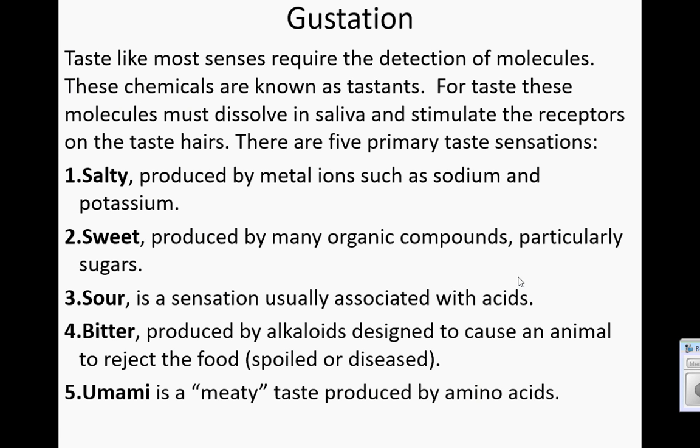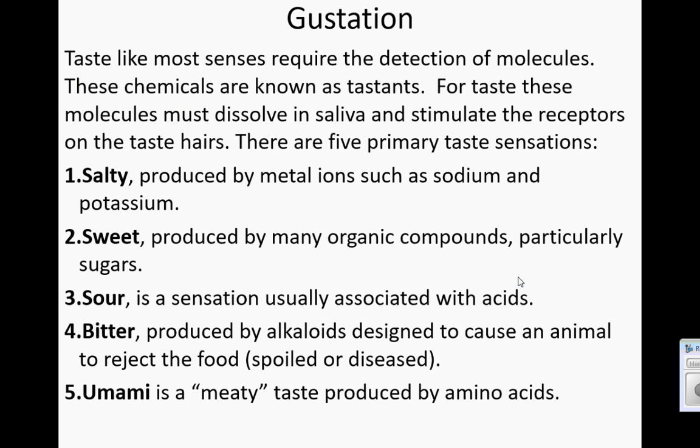Sweet, by the way, is one of our 5 primary taste sensations, produced by many organic compounds, particularly sugars. Salty is our other one, produced by metal ions like sodium and potassium. Sour is a sensation associated with acids.